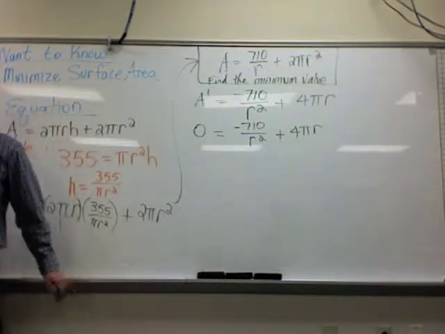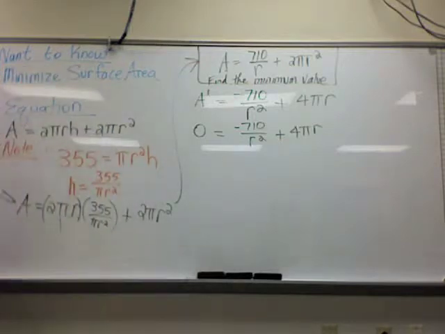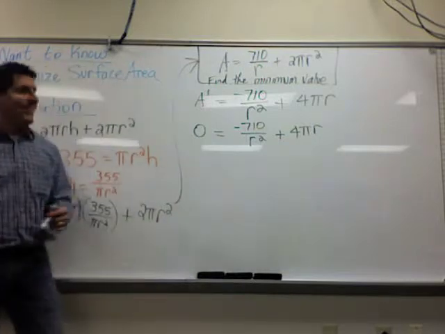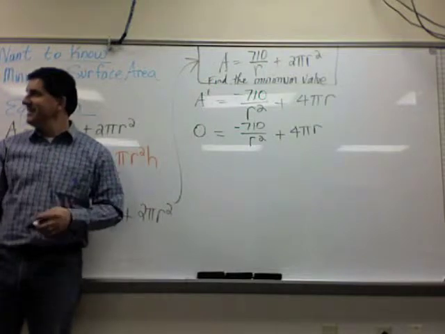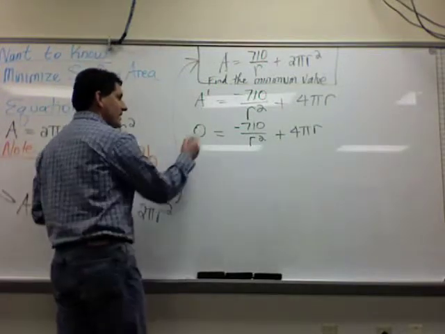Sure. Tricks are good. Tricks are for calculus kids. What's the trick on this one? Get the R squared out of the bottom, multiply it by R squared. Yeah.